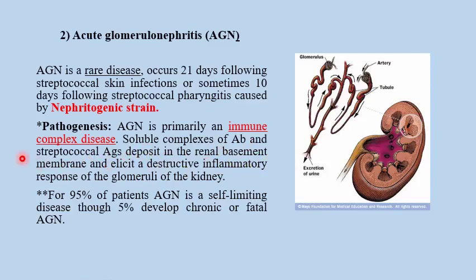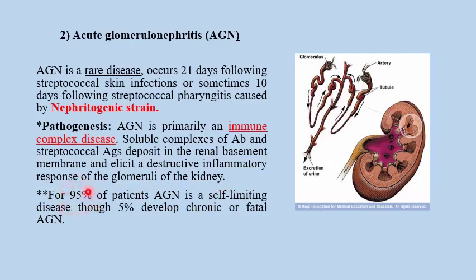This soluble complex moves in the blood and deposits. يبقى تحول بقى من soluble to insoluble. هيحصل له deposition. Where? In the renal basement membrane, in the kidneys, and elicits a destructive inflammatory response of the glomeruli of the kidney. فيعمل inflammation في الكدني.